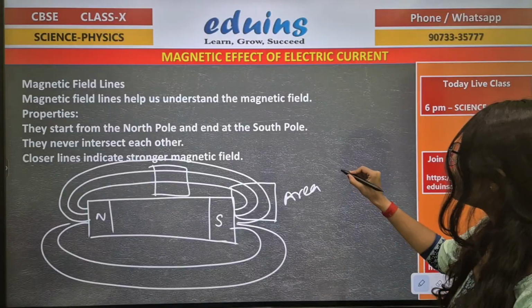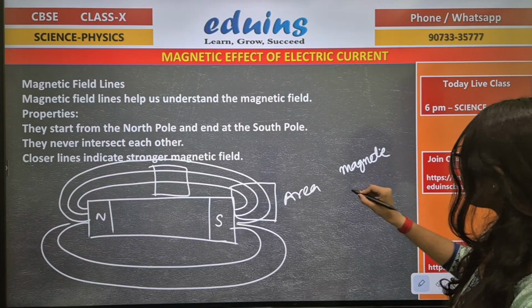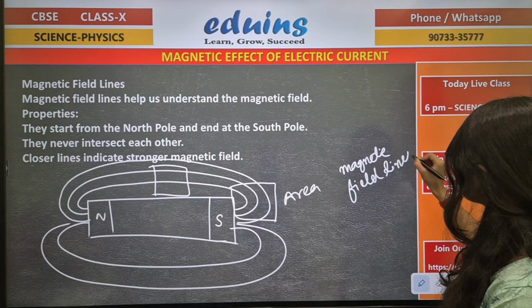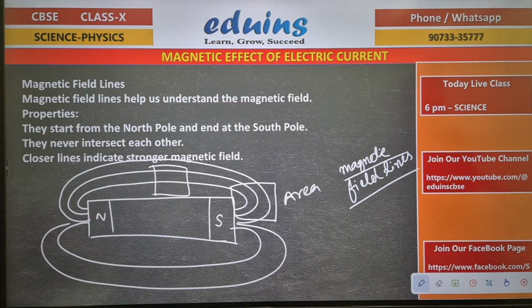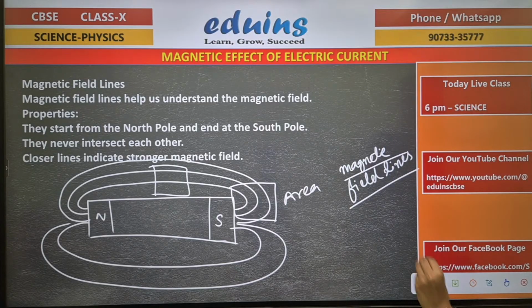Where the number of magnetic field lines increases, there the magnetic field also increases. This is the density of magnetic field lines.